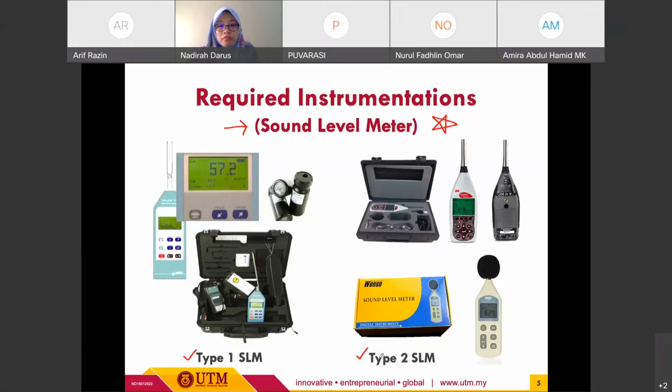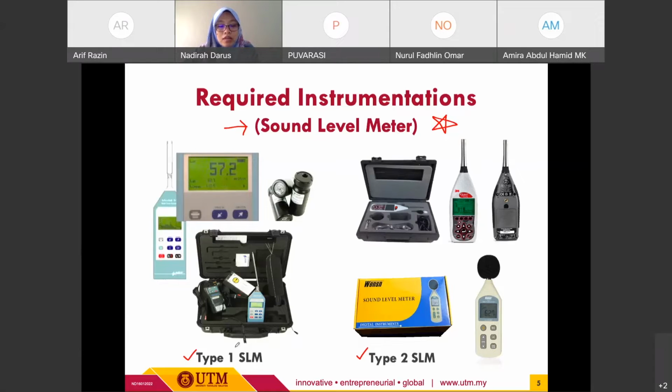Okay, so we need this instrument. Alright, yang penting kat sini, we need to know the difference between these two types. Okay, so type 1, jenis yang pertama, the main difference ataupun apa yang menyebabkan beza dengan type 2 adalah in terms of its accuracy.